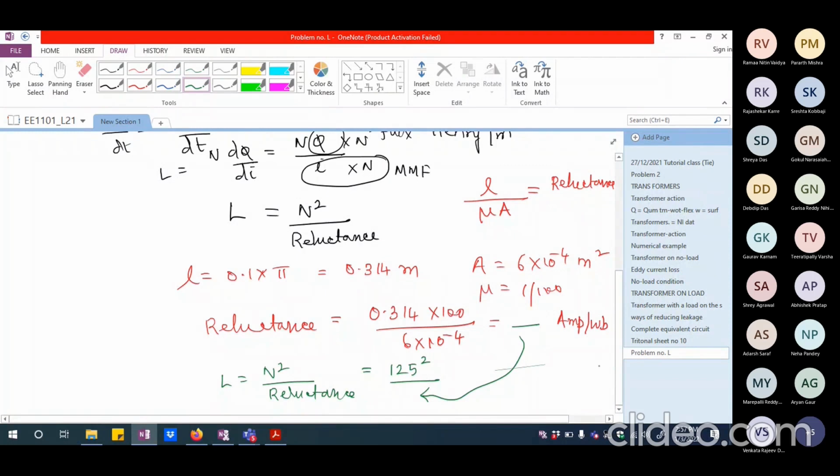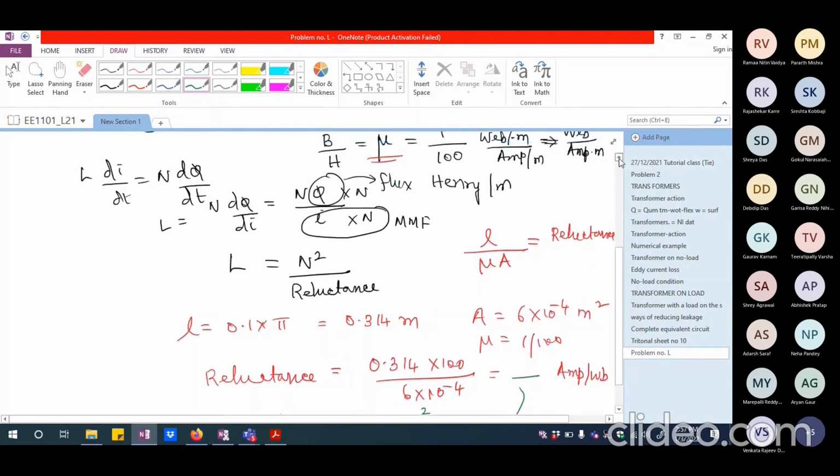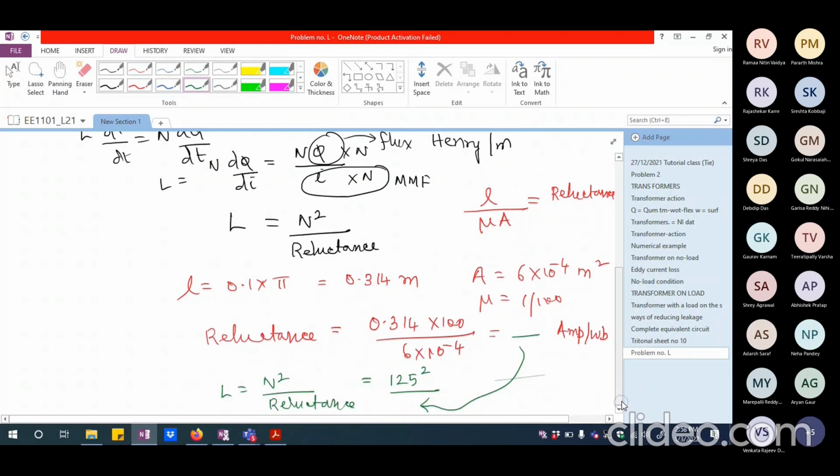Now, once you have the H value, what was the H value? H value was 100 ampere per meter for this 1 Tesla. If I want 1 Tesla flux density, the H value has to be 100 ampere per meter. Now to calculate the current, I can use this information.